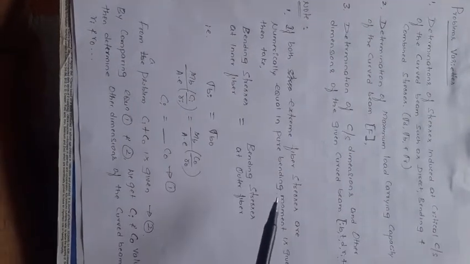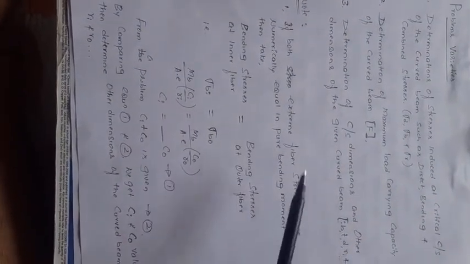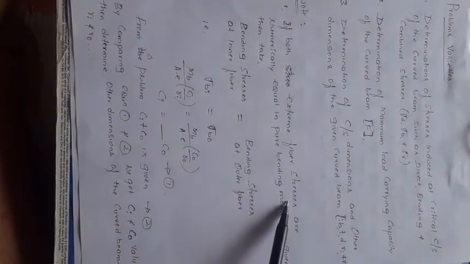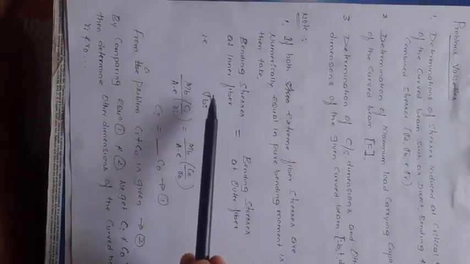If both extreme fiber stresses are numerically equal in pure bending moment, this statement is given. What does it mean? If both extreme fibers, meaning inner and outer fibers, have stresses numerically equal in pure bending moment, then take this equation.